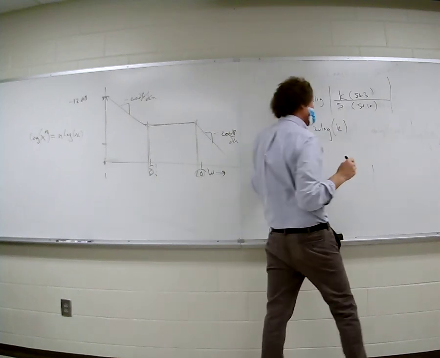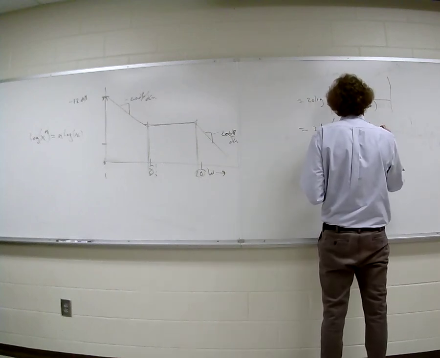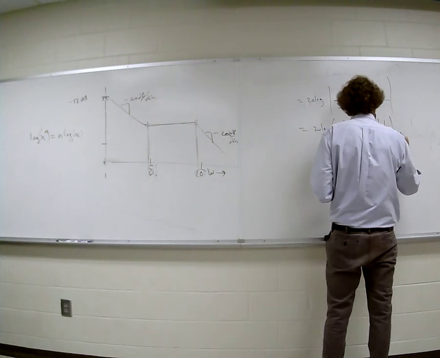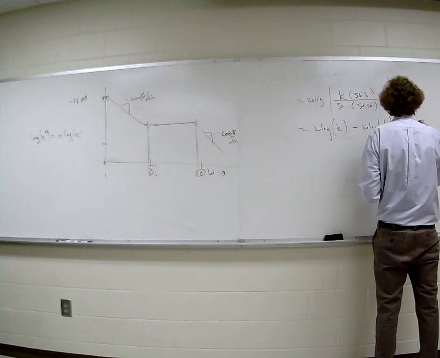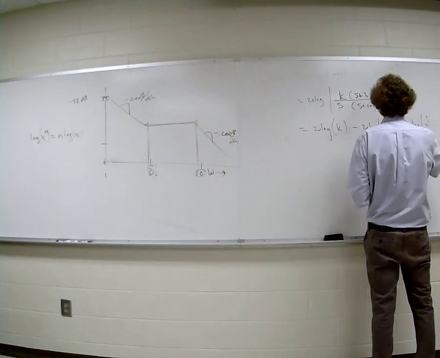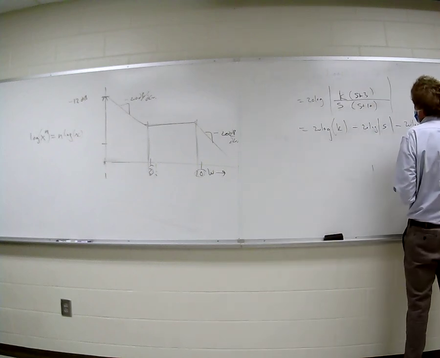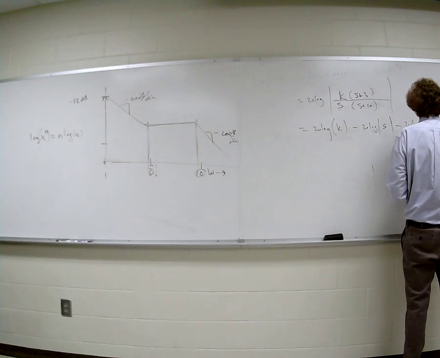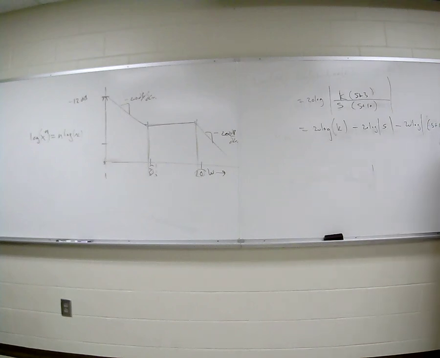Then I'm going to have minus 20 times the log of simply s. Then minus 20 times the log of s plus 10. And then plus 20 times the log of the magnitude of s plus j3. Are you with me, everyone?